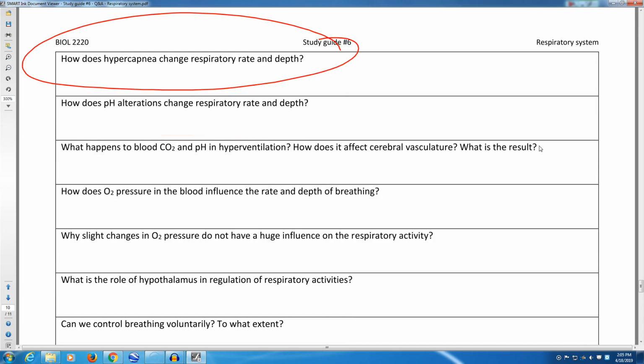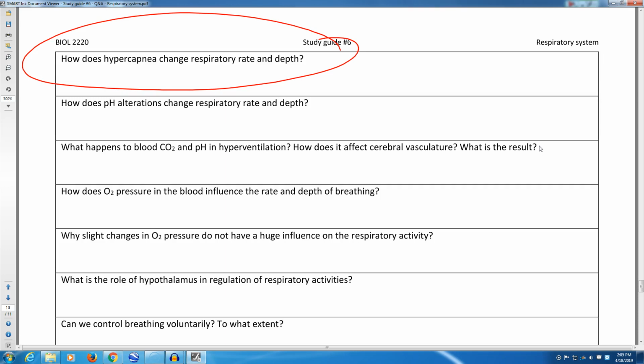Oxygen. If we get to this point, oxygen elevated. Now, tricky question from my side. Elevated oxygen, how will it change rate and depth of breathing? Say it again. Hypothetically, elevated oxygen in the blood. Although it never happens, but decrease.